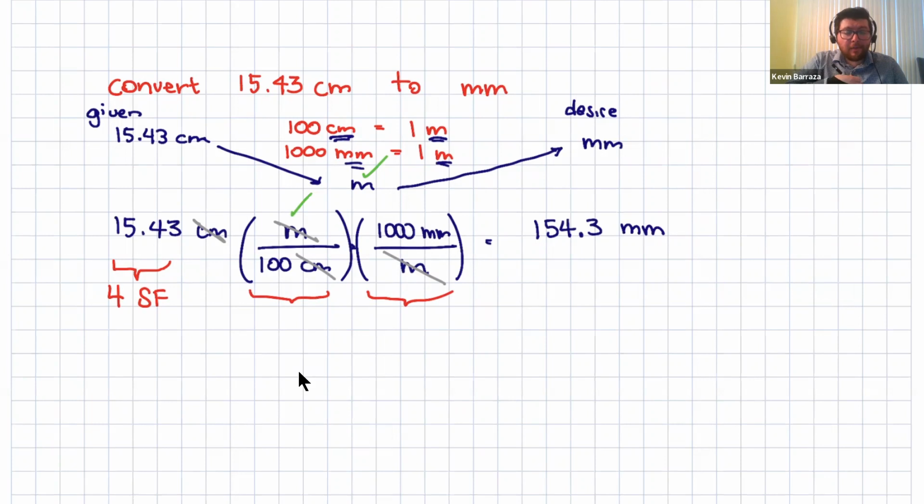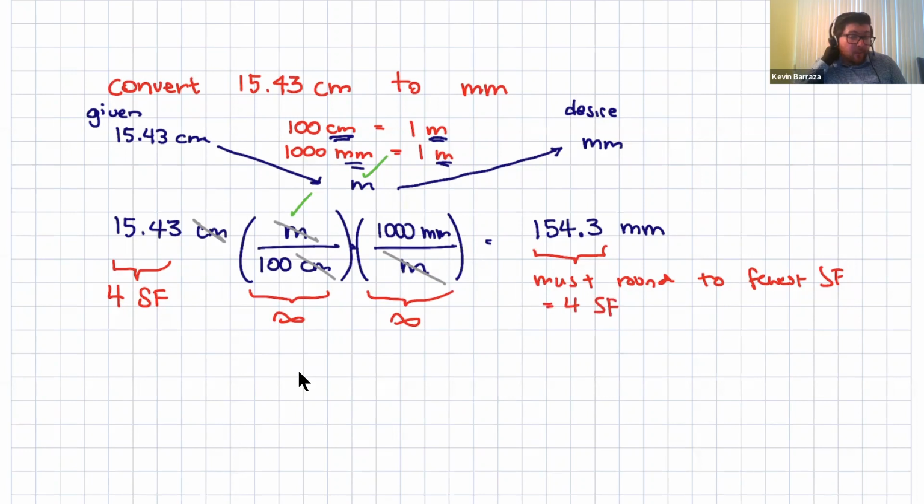The prefix conversions are definitions. So those have infinite and infinite. So that means our answer must round to fewest sig figs. So that equals 4 significant figures. That's the other thing I'm going to be looking for.